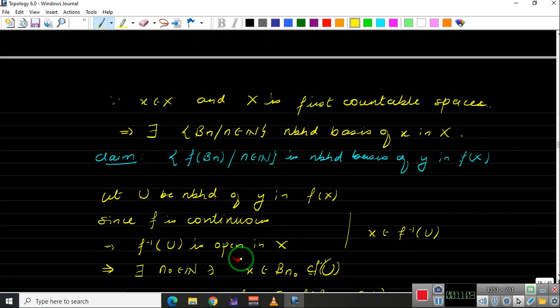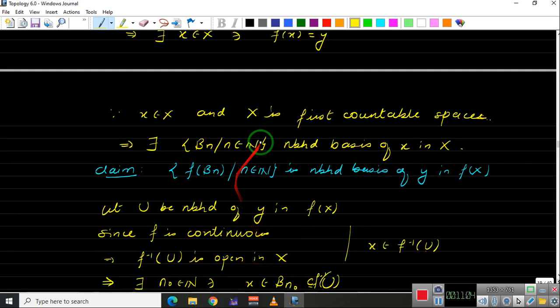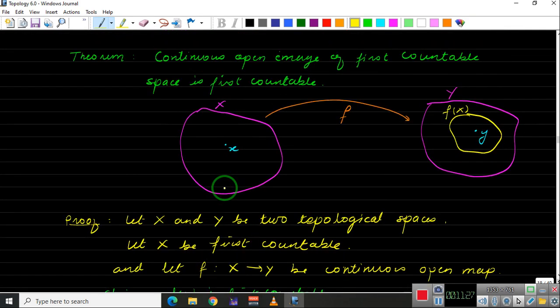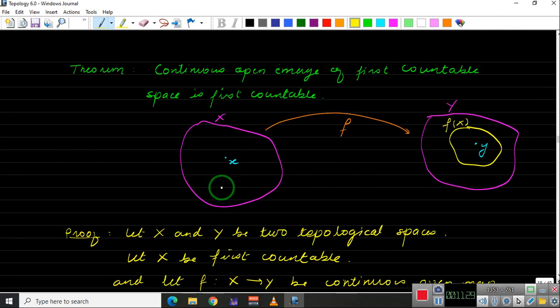Again remember why we have used open: because we have a set of open sets in our domain, and since we are claiming this is the neighborhood basis, we should claim that this is also open in Y, and since f is an open map, we can claim that f of Bn is open in f(X). Okay. So that is all about the proof of the statement which says continuous open image of a first countable space is first countable.